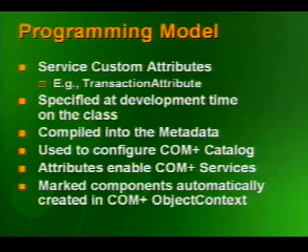When I compile that class, we compile those custom attributes into the DLL. They get stored inside the PE along with things like the IL, and we store them inside the metadata. This metadata is used to configure the COM+ catalog.